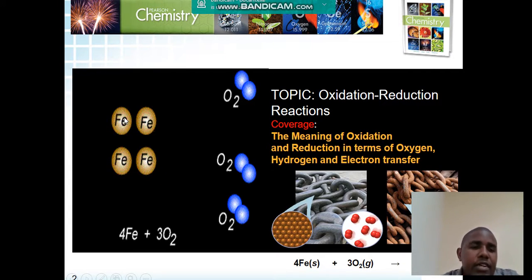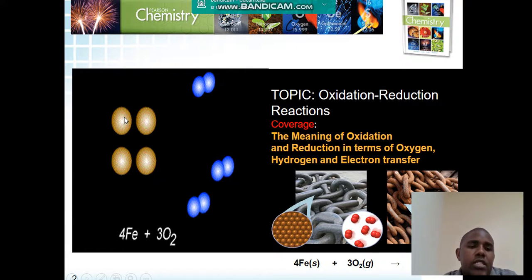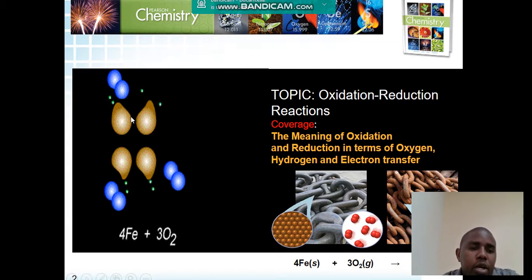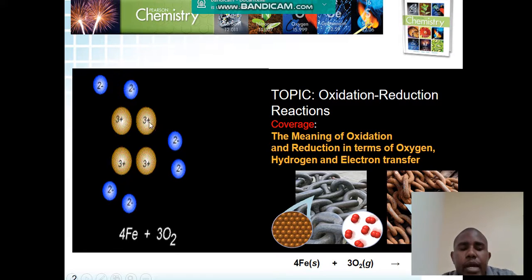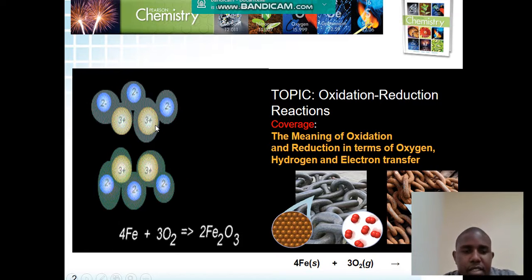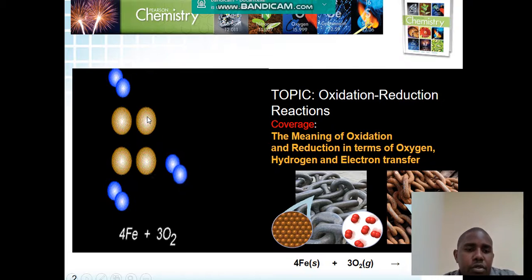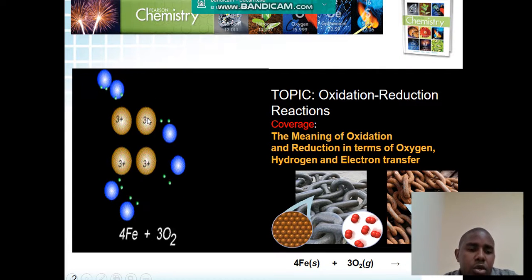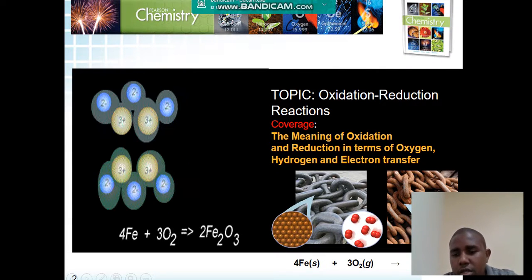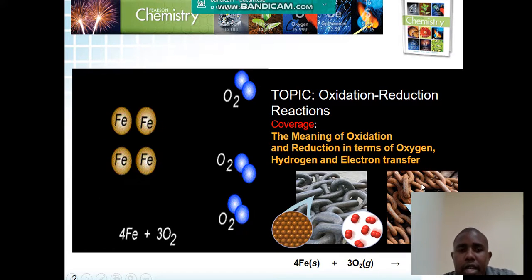Iron has a valence of 3, which means it's the combining power of iron. So iron reacts with oxygen by donating its electrons, and oxygen receives the electrons in the formation of an ionic compound called iron 3 oxide, which is the rusting that occurs on the surface of an iron article.